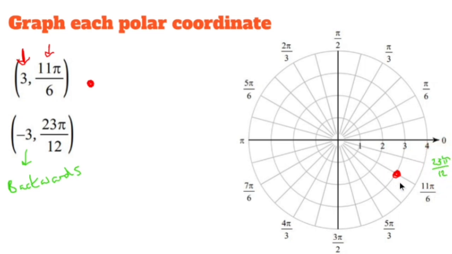So if it were positive 3, that's where I would put my dot. But since this is going to be negative, it's going to be 1, 2, 3 backwards, which is going to live right there. Okay? So that's how you graph polar coordinates in radians.